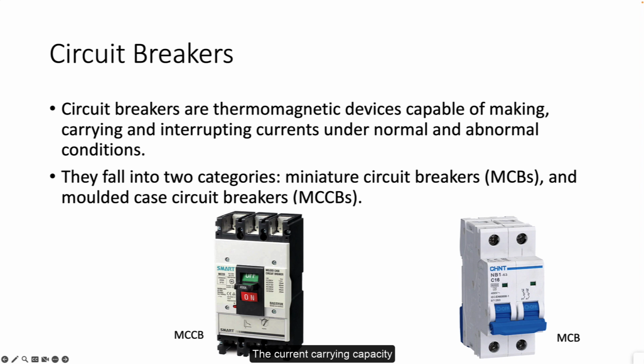The current carrying capacity of a cable is greater than the nominal rating of the circuit breaker.